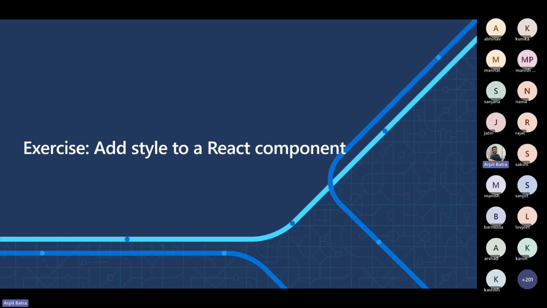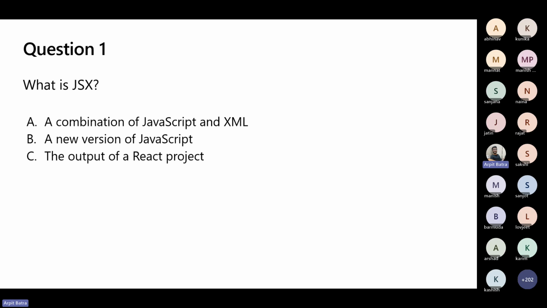Now we go for another thing, that is error boundaries. So, error boundaries are React components that catch JavaScript errors anywhere in their child component tree, log those errors, and display a fallback UI instead of crashing the entire application. Then we have key points.